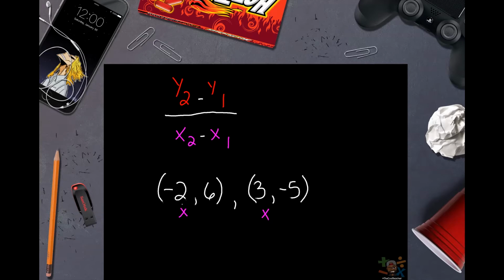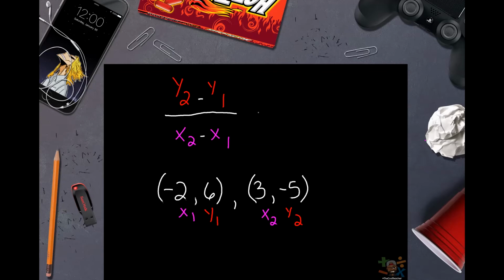Here's my first x, so this is x1. Here's my second x, so that's x2. Seems easy enough, right? And then I have my y's. Here's my first y and my second y. Now, just like you thought, I'm basically going to plug these into the formula.